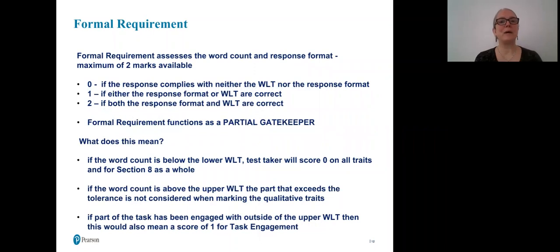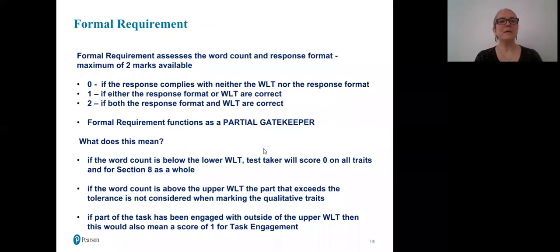Let's have a look now at formal requirement, which engages with the word count and the response format. And again, a maximum of 2 marks are available here. One of the marks is available for the word limit, the other mark is awarded in relation to the format of the response.